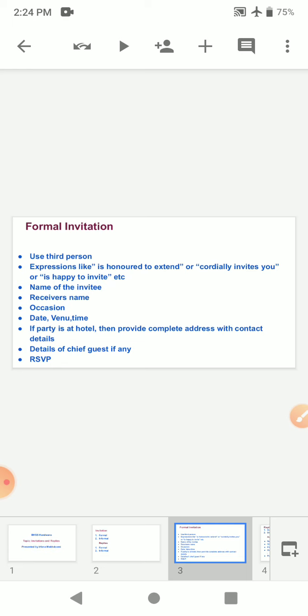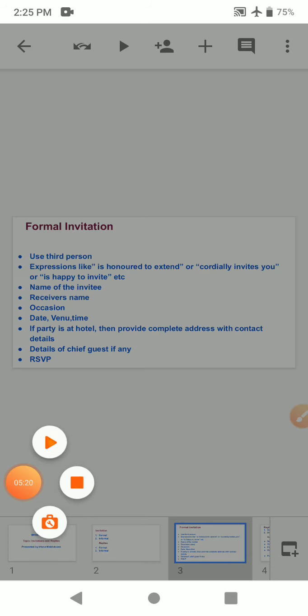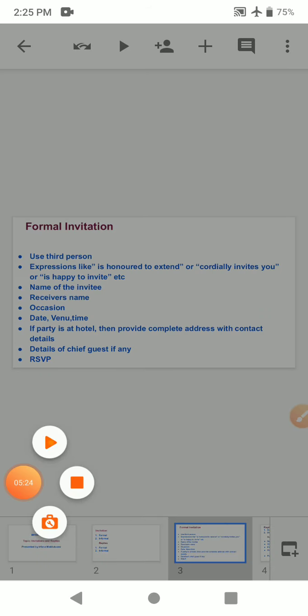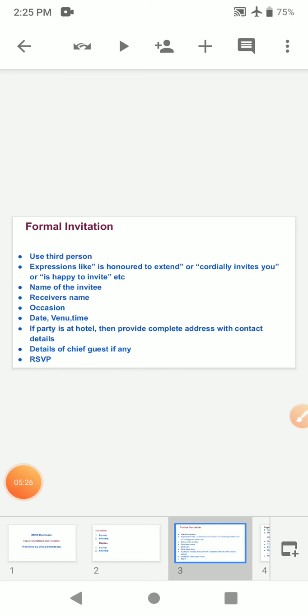Then you write the name of the person who actually extends the invitation, who is writing this invitation. He writes his own name, and this is generally at the beginning of the invitation.